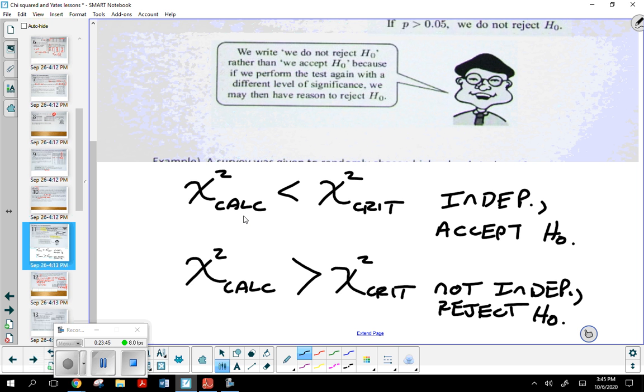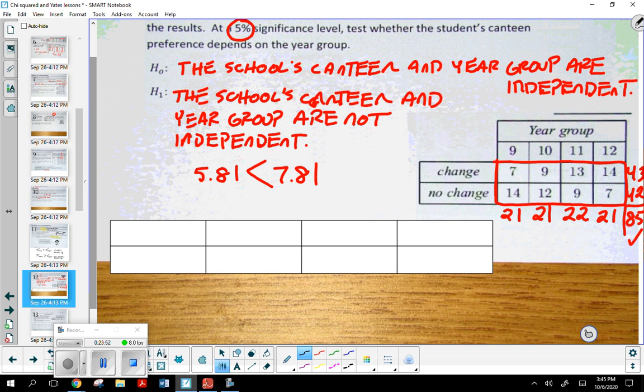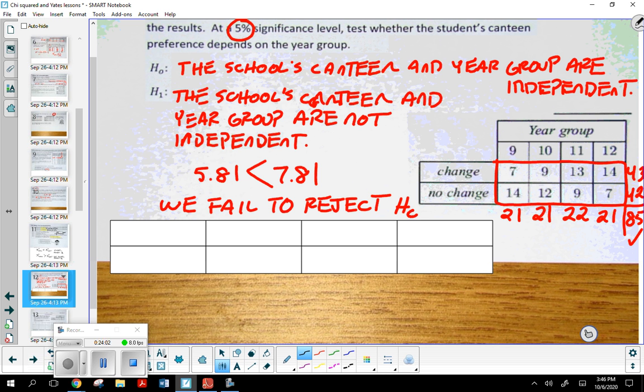Instead of accepting the null hypothesis, we're going to say we fail to reject, or we do not reject. So based on this, there is no relationship between the classification of a student by year group and anybody wanting to change anything in the cafeteria.